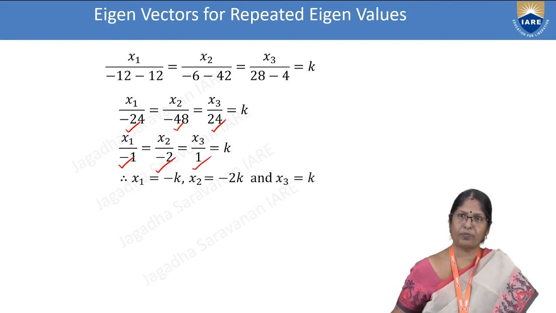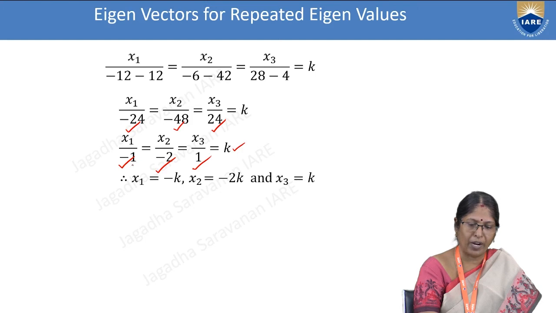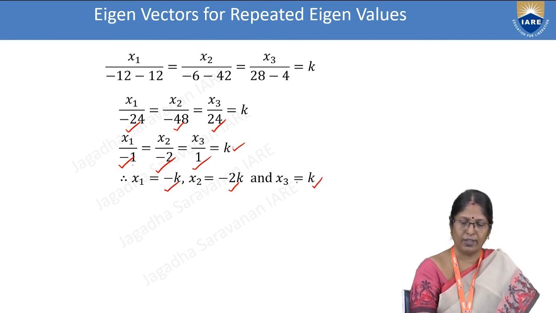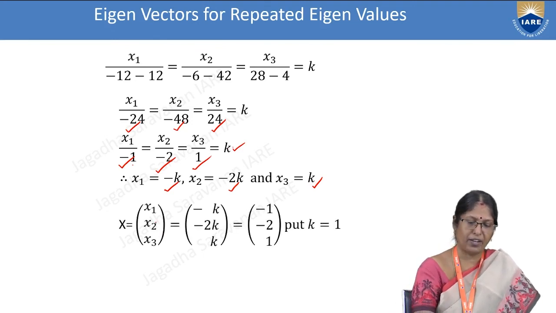So we declared the arbitrary constant k. x1 equals minus 1 into k, minus k. x2 equals minus 2 into k, minus 2k. x3 equals 1 into k, that is k. So capital X is the eigenvector, x1, x2, x3, a 3 by 3 matrix case, our given problem.